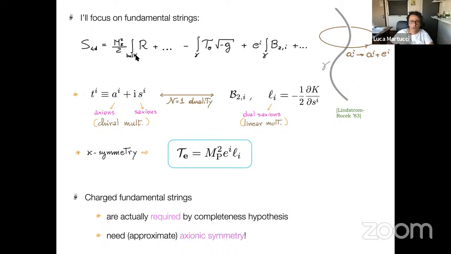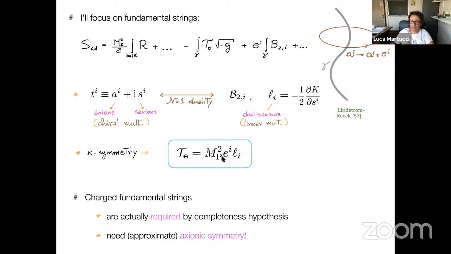Here I just showed a few terms which appear in the effective action, but one can write down the complete supersymmetric effective field theory. In particular, the supersymmetry for the string sector, which is realized by imposing kappa symmetry, completely fixes the tension of the string, which appears here, in terms of the bulk scalars in this way.